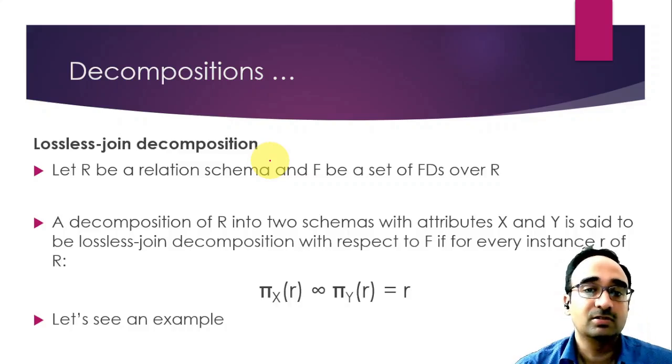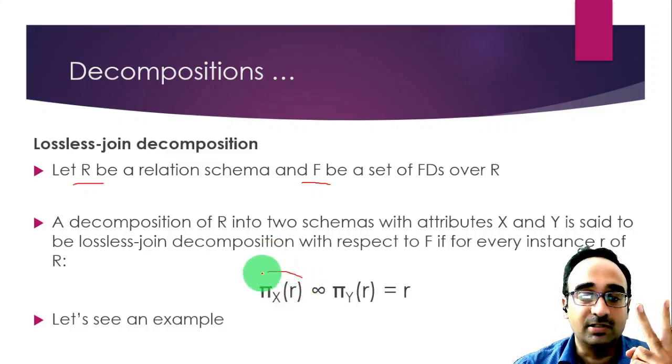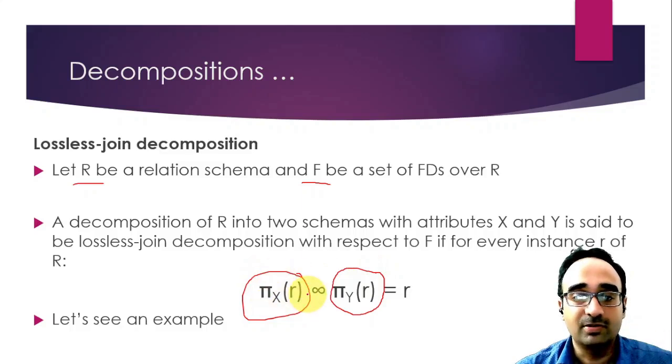Okay, so let's take a table R, or you can also say it is a relation, and it has a set of FDs F. Whenever you are dividing that R into two tables, let's say R1 and R2, R1 will have some attributes and R2 will have other attributes.